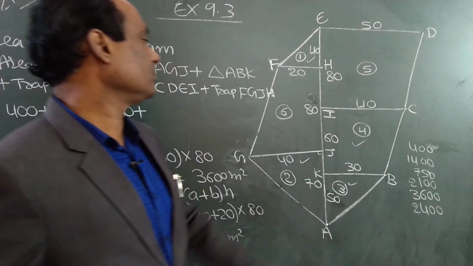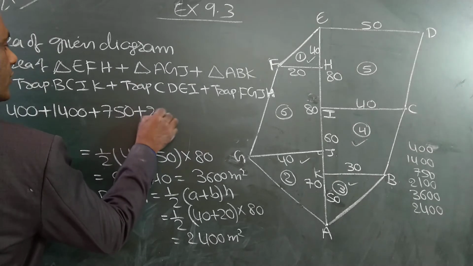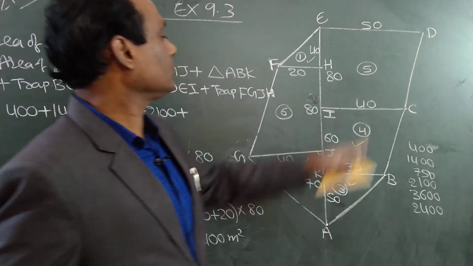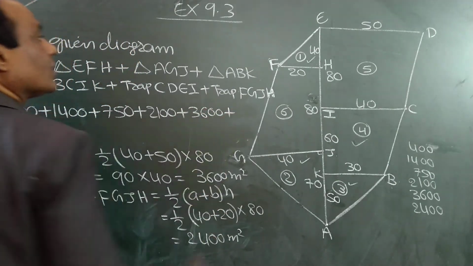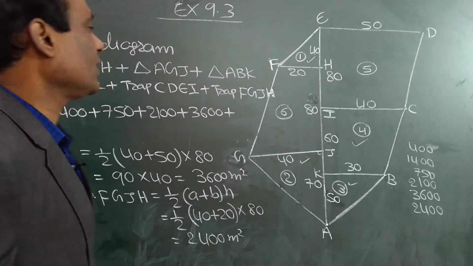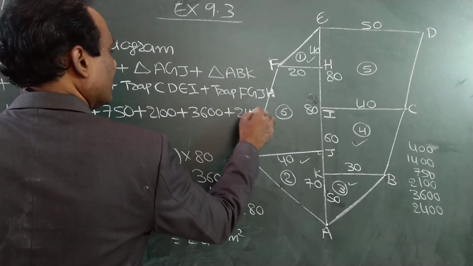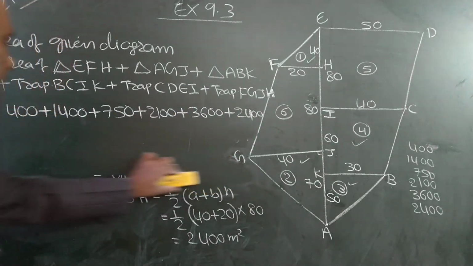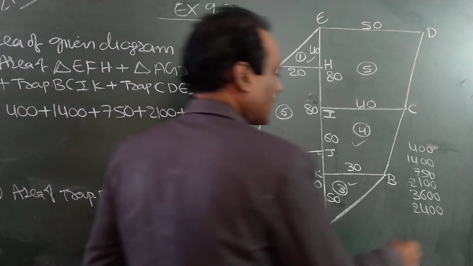This trapezium 2100. This trapezium 3600. This trapezium 2400. Add all these areas, so you will get the total area. Do the simplification and get the answer.